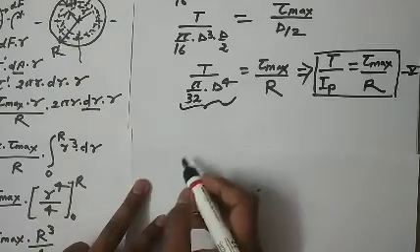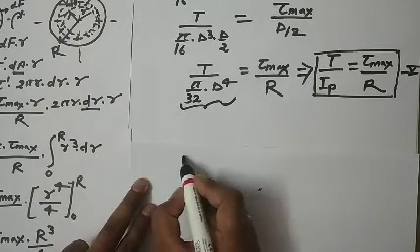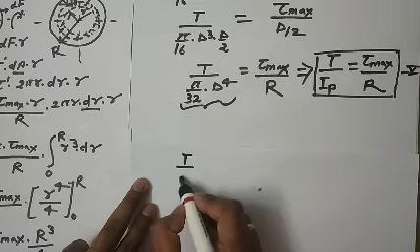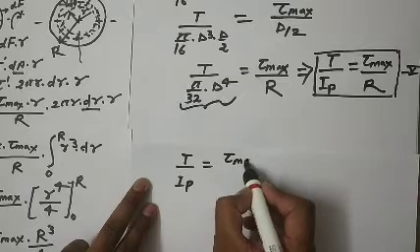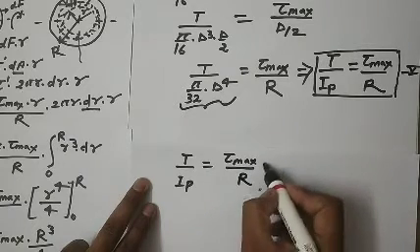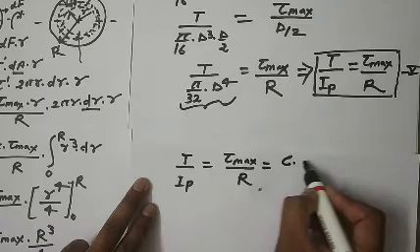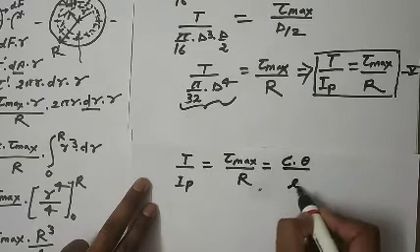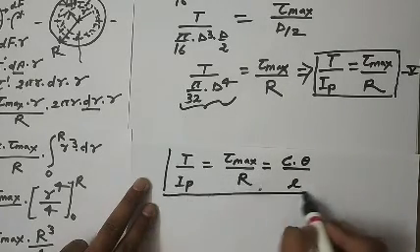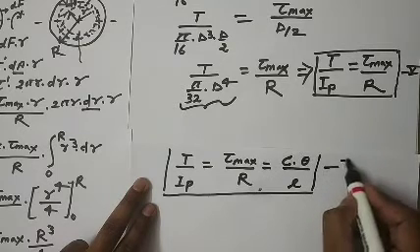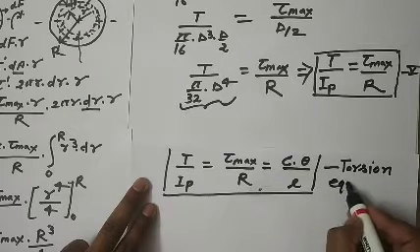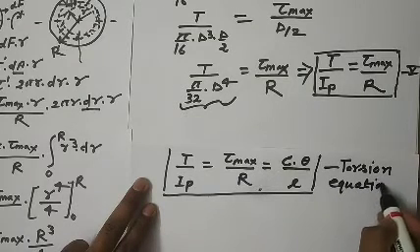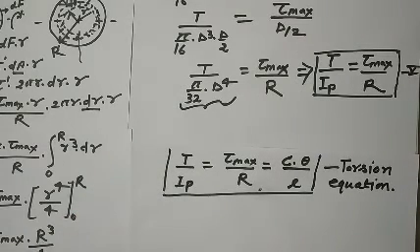Then this equation can be rewritten in the form of T upon IP equal to tau max upon r, and this will be equal to G into theta upon L. This equation is known as the torsion equation of the shaft.